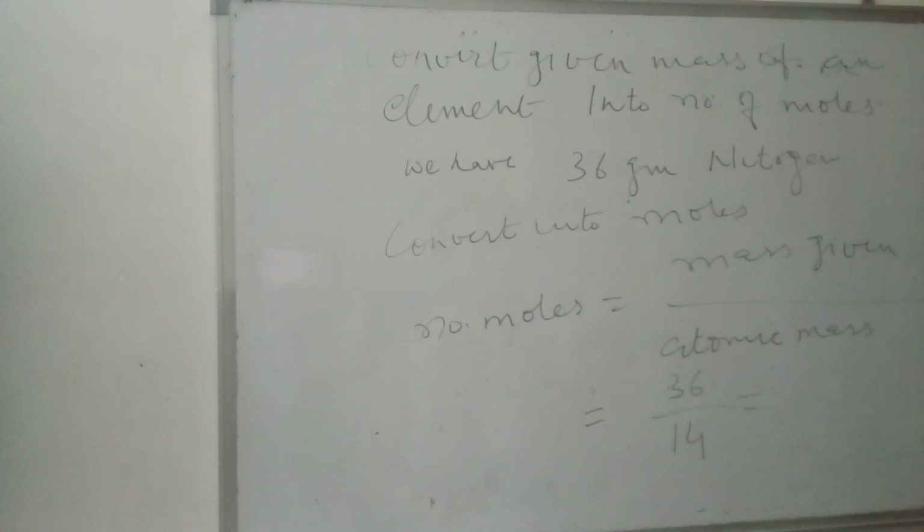Then it is equal to 36 upon 14, which is 2.57 moles. We can also convert number of moles into gram. Number of moles can also be converted into gram.